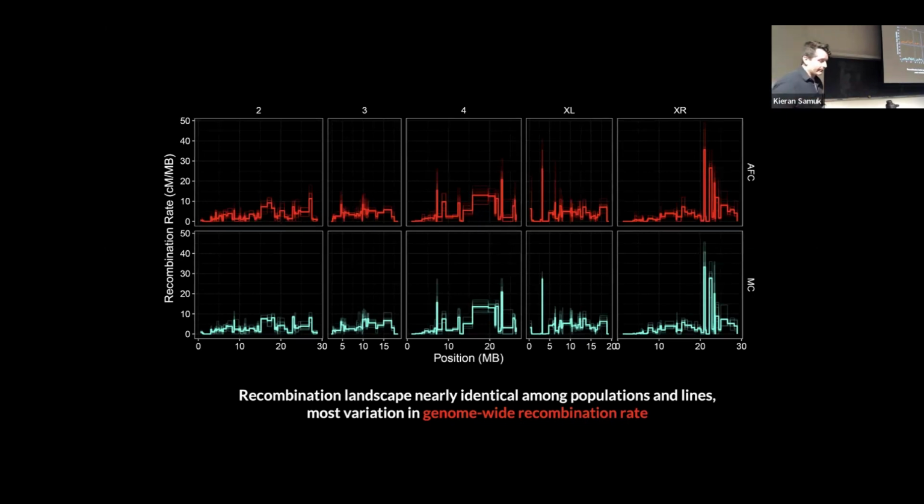There are some fine scale differences in the landscape, but most of the variation is explained by shifting the whole thing up or down. But in terms of how the sequencing approach might affect this, it's difficult to know. I guess one way would be to do whole genome sequencing of the mapping populations. But it's something that we weren't really able to look at.